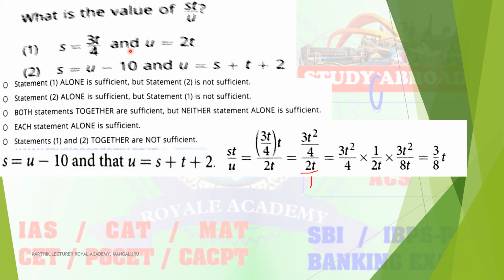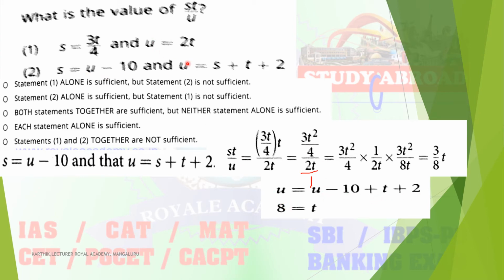Next, go for the second statement. What information is provided? s is equal to u minus 10 and u is equal to s plus t plus 2. Just substitute s with u minus 10: u is equal to u minus 10 plus t plus 2.